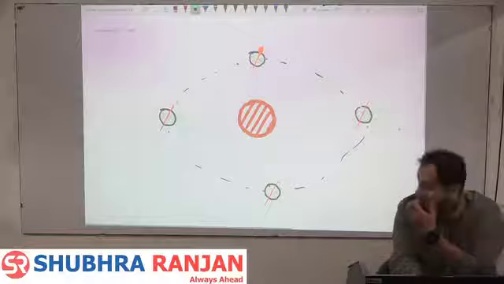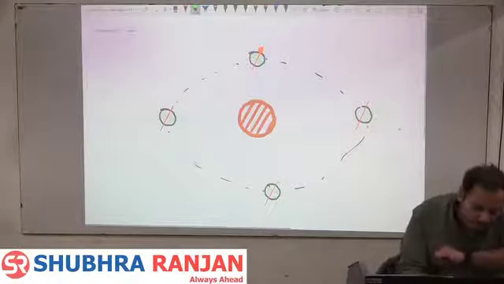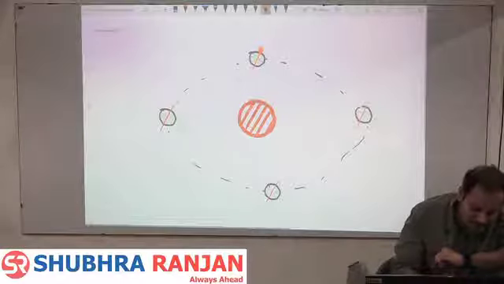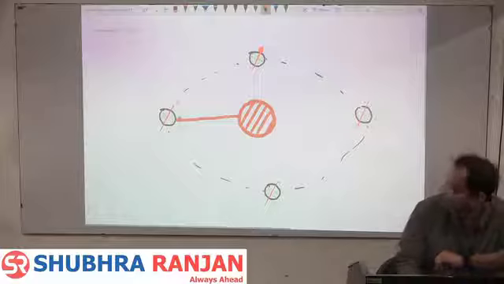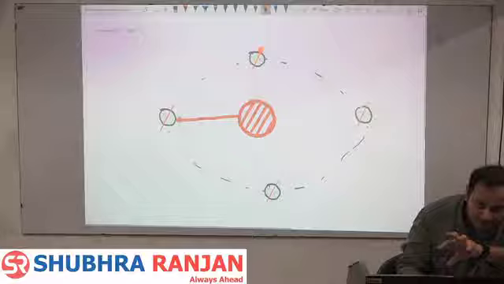Now because the earth is inclined at an axis and also it is rotating and revolving, sometimes the sun rays directly fall on the Tropic of Cancer. You can see the sun rays are falling mostly between the Tropic of Cancer and the equator.